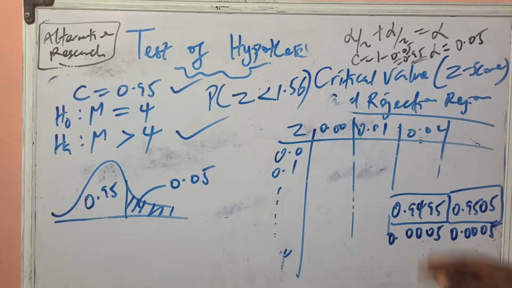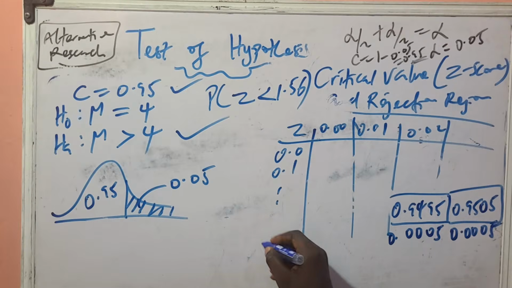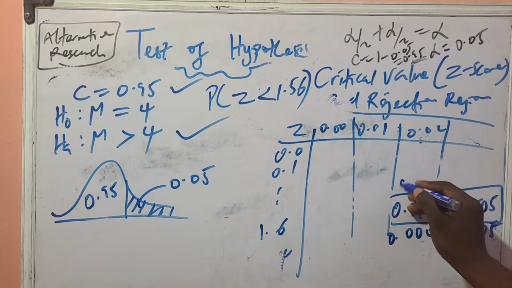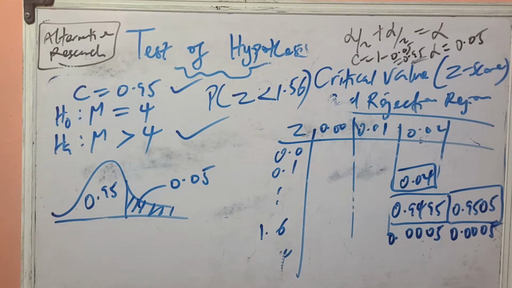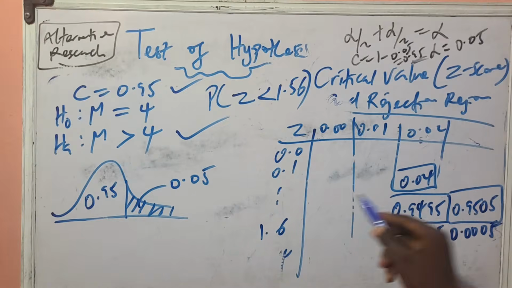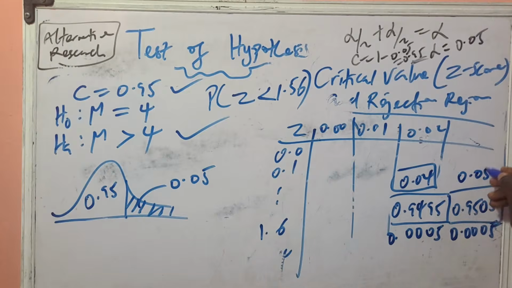Of course, if you look at the values that produced these, can anybody tell me the Z-score that produced 0.9495 from your table? 0.9495 was produced by 1.6 under 0.04, and 0.9505 was produced by 1.6 under 0.05.